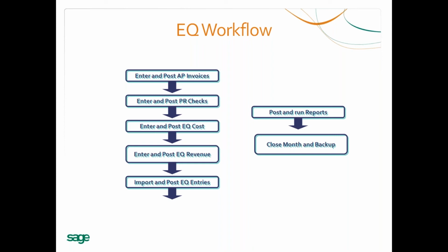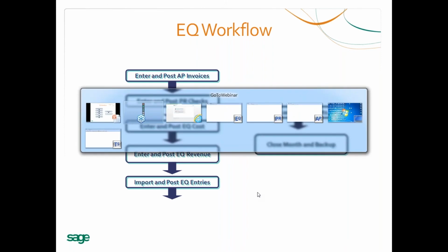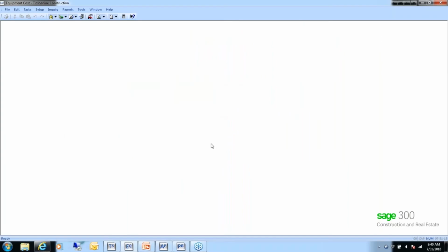Whether it's a piece of equipment that was either worked on in the shop or used on a job, that may be entered through payroll. So you can record equipment IDs and cost codes or revenue codes through the Enter Time or Enter Check program in payroll, or you're entering that information directly in equipment cost.